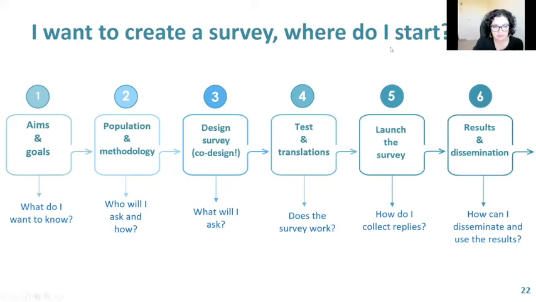And the last step, which is very important, is to plan the dissemination of your results. So not only the analysis, but also how you will disseminate your results. We usually tend to publish every time we do a survey, because these kinds of huge surveys are usually not publicly available in terms of results in PubMed.